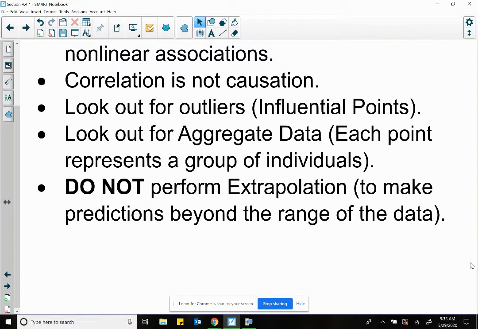When you were figuring out the mother's height at 60 inches and then finding the daughter's height, that was interpolation because you were working within our data set to make a prediction. Now, what we're talking about here is do not perform extrapolation.